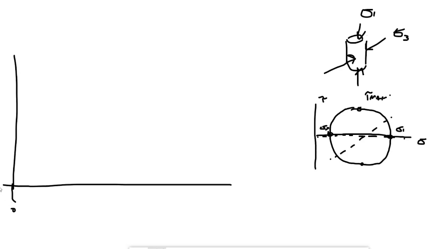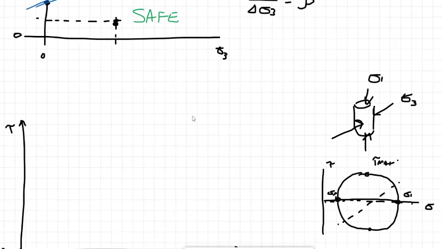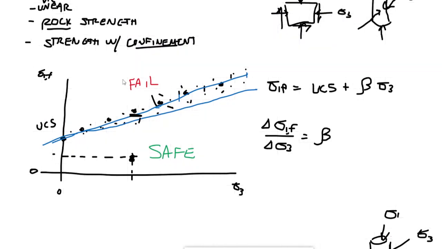We'll still have zeros here, and our x-axis will be sigma. That's all sigmas, not sigma 1 or sigma 3 exclusively this time. All sigmas, just like it is for the Mohr circle. And then up here we'll have our taus, right? What we're really going to do here is, for every single point up here that we plotted, we're going to have a Mohr's circle.